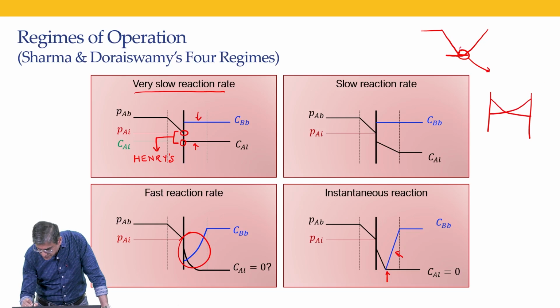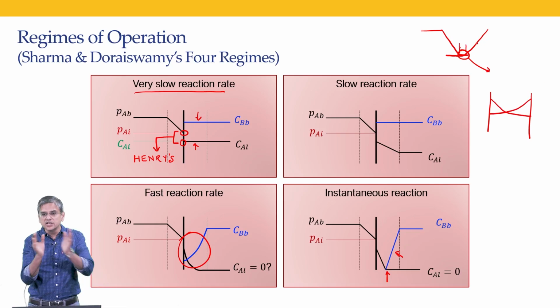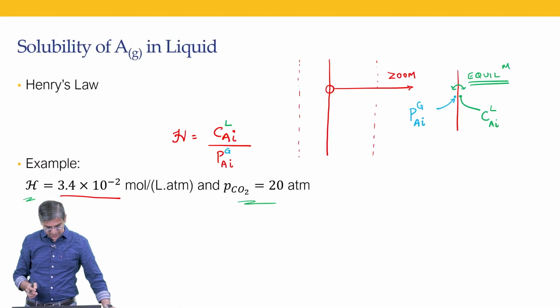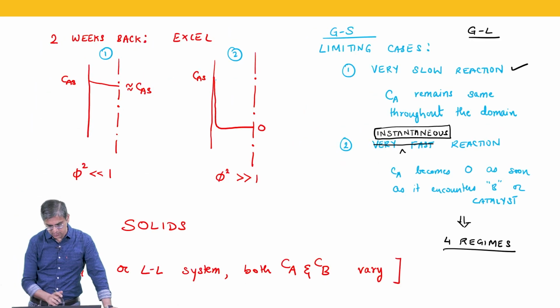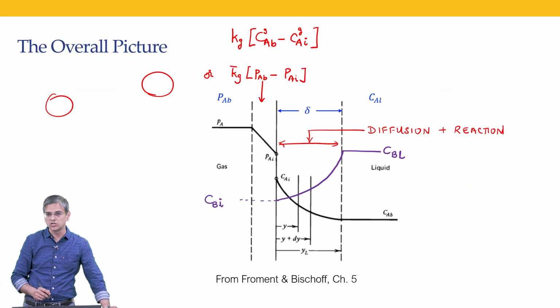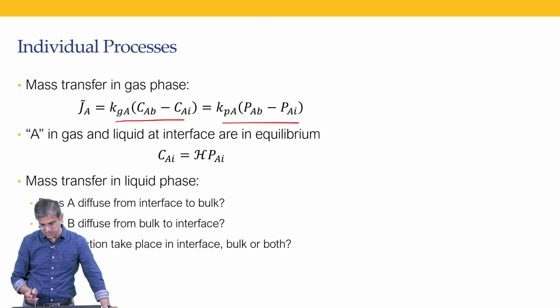Now, this particular region is negligibly small, just like this region over here was negligibly small, and you could take your eta equal to 1 by phi approximately, like that is the situation.